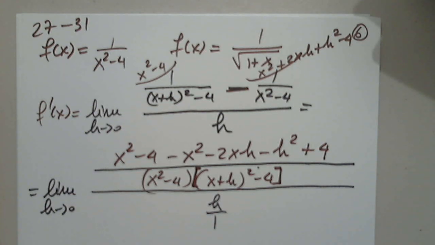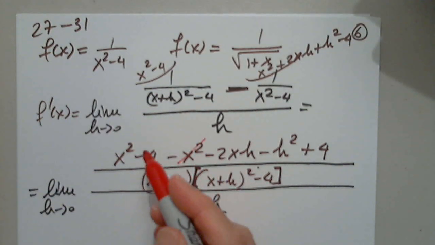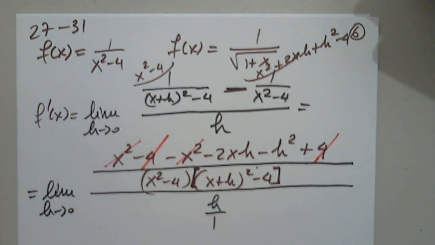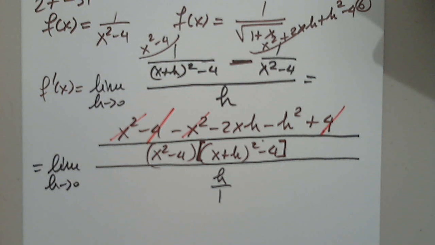Because if it doesn't happen, then I have to go back from the beginning. The like terms cancel, like x squared minus x squared. So all terms without h must go away. If they do not go away, then something is terribly wrong. Negative 4 and 4 go. And then x squared with negative x squared.